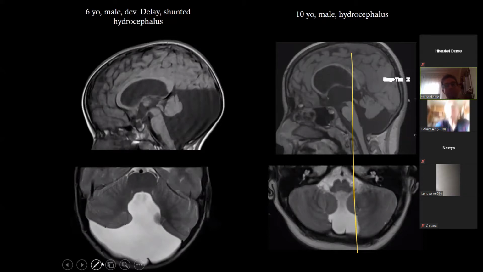Now, we have two kinds of cystic malformation here. One is a 6-year-old male with developmental delay and shunted hydrocephalus.